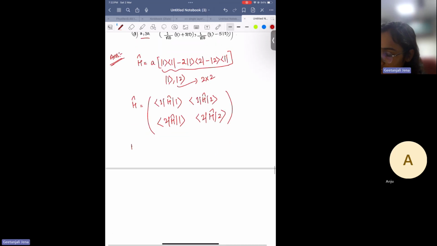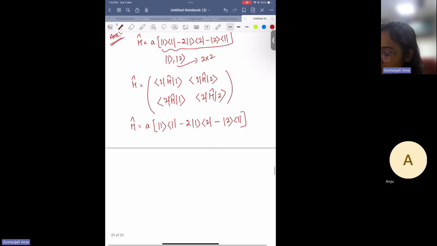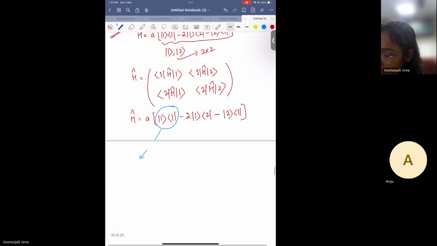So let's see what the expression for H is. There is a |1><1| term here, right? So that means <1|H|1> is A. Then there is a |1><2| term here.